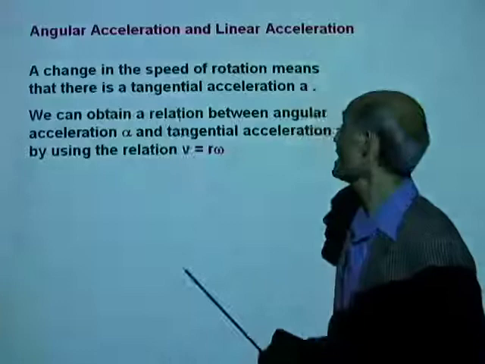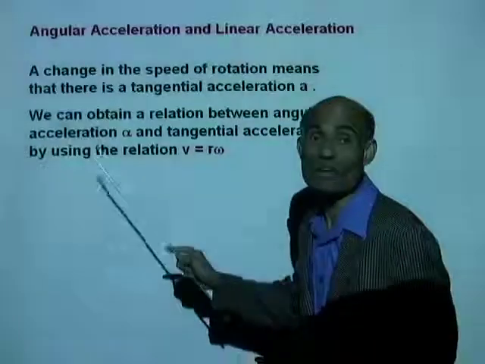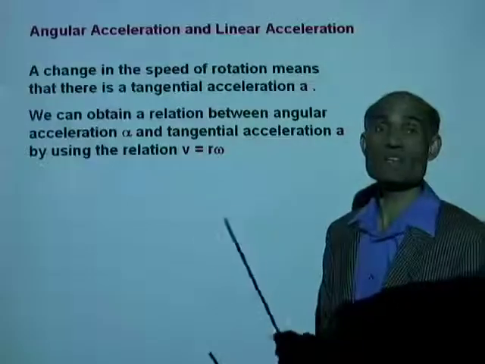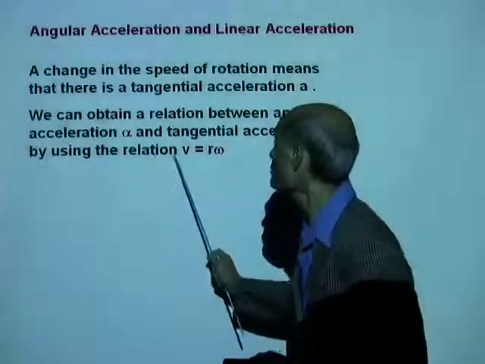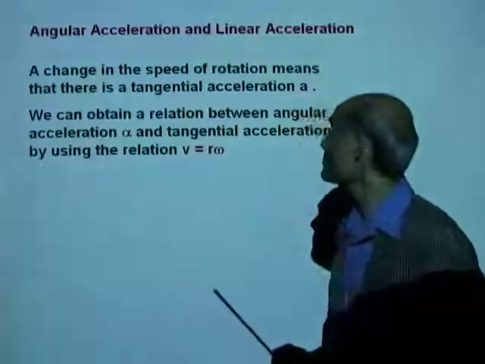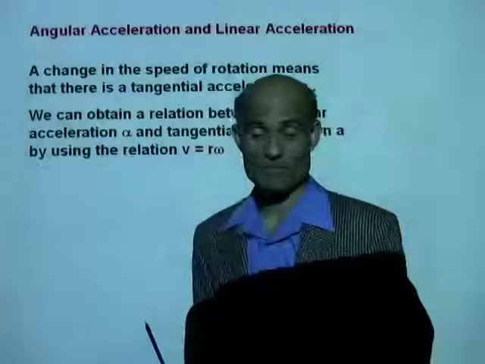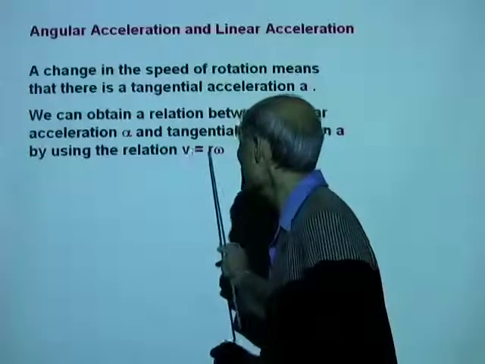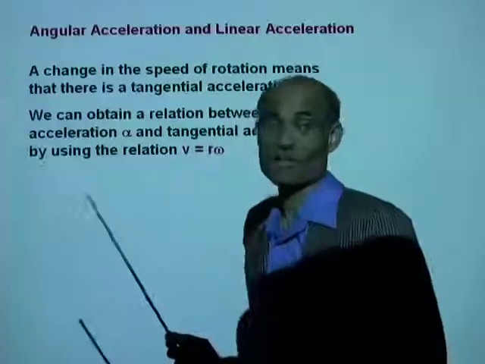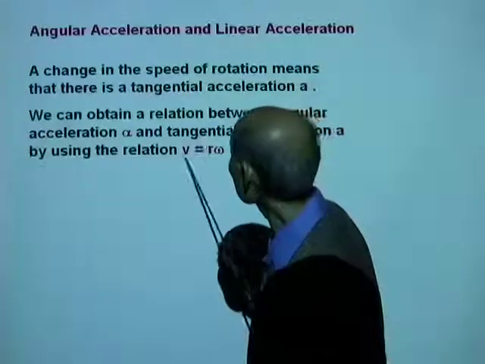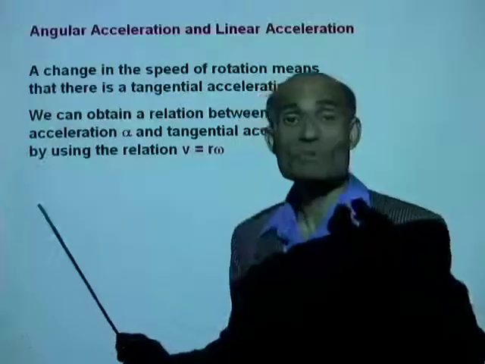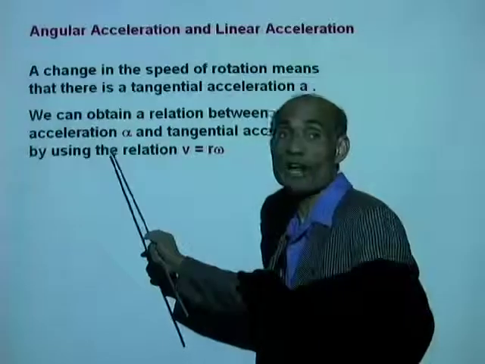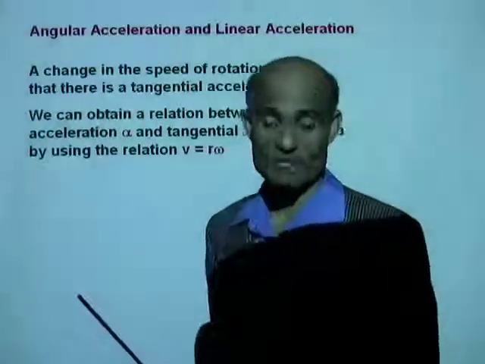We can obtain a relation between angular acceleration alpha and tangential acceleration a by using the relation v equal to r omega. Well, this is the relation between linear speed and angular velocity. We can now use this to obtain a relation between linear acceleration a and angular acceleration alpha.